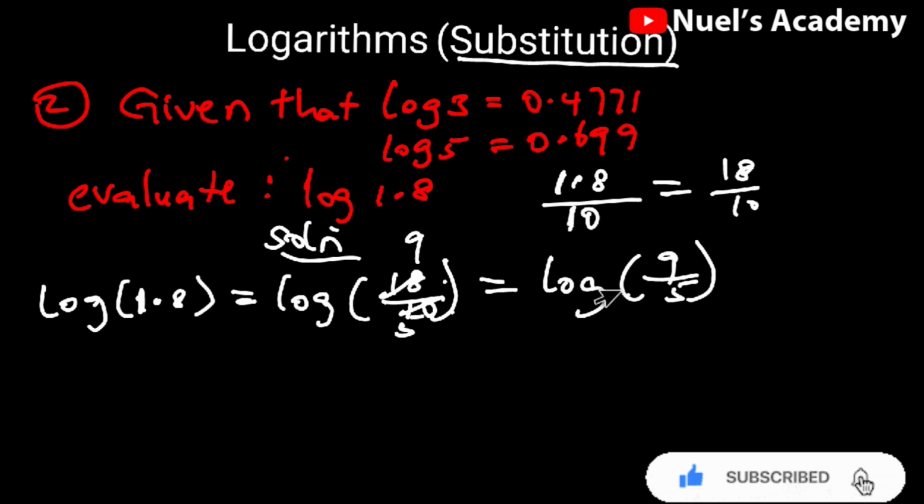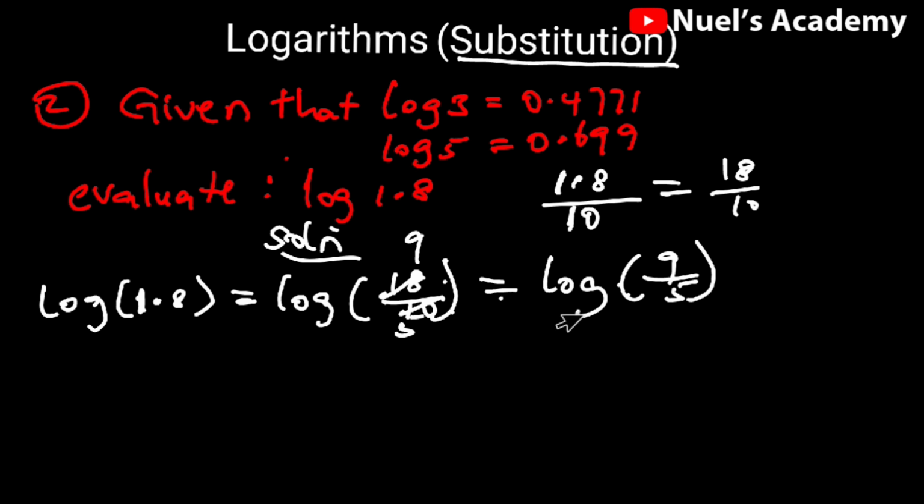We are trying to find a way of getting 3 and 5 out of the equation we're asked to solve. So log 9/5 when simplified can be given as log 9 minus log 5.